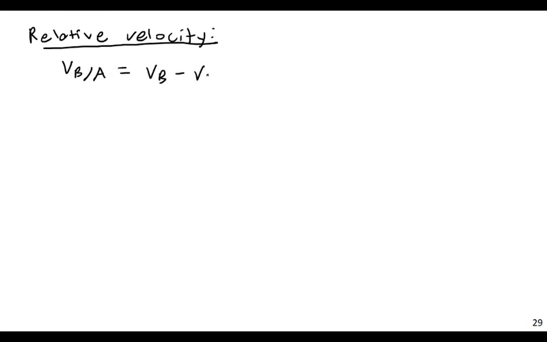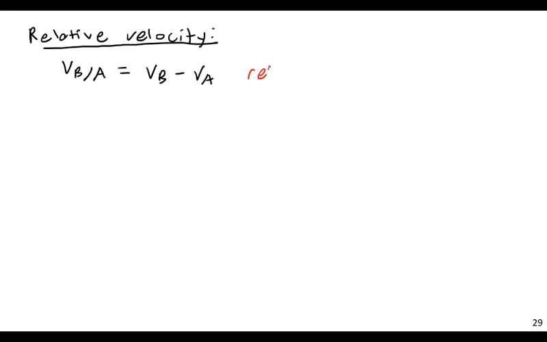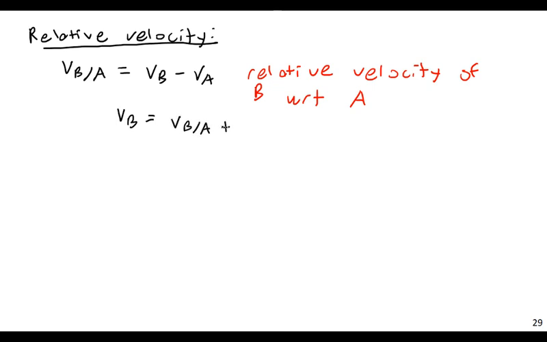So then, relative velocity VBA is the velocity of B with respect to the velocity of A. So this is VB minus VA, and again, it is the relative velocity of B with respect to A. And of course then, we could solve for VB and say VB equals VBA plus VA.